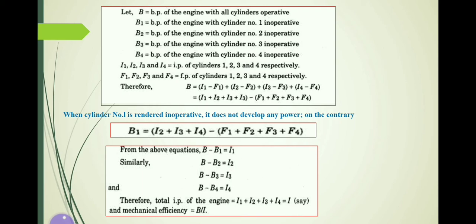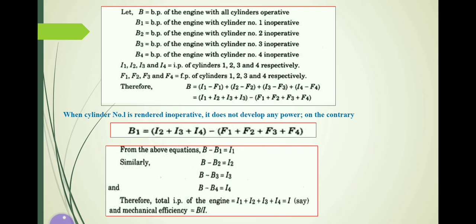But now, if we make cylinder 1 inoperative, no energy is generated inside this cylinder, so the indicated power of that cylinder is 0. If we want to find the brake power B1, we use the above formula, B1 equals I1 plus I2 plus I3 plus I4 minus friction power, but in this case I1 is 0 because cylinder 1 is inoperative.